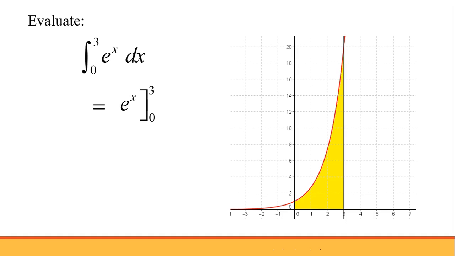The antiderivative of e to the x is e to the x, and we're going to evaluate that at 3 and at 0, and then we'll subtract those two values. Now there isn't a lot more to be done here except to say that e to the 0 is equal to 1. So the area underneath the curve is e to the third minus 1.